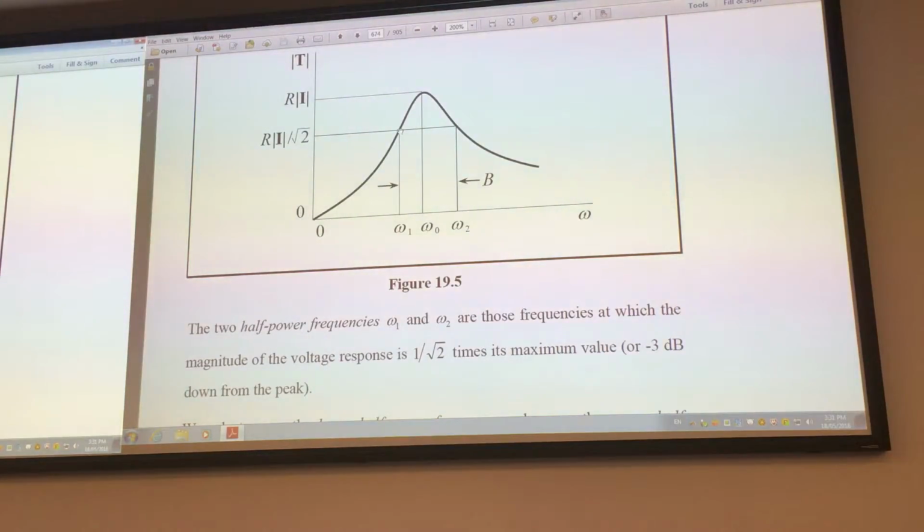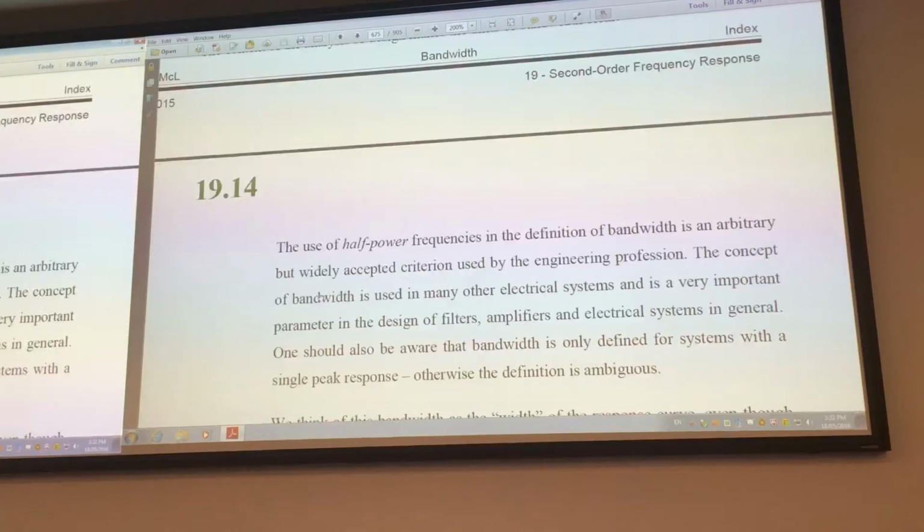That's correct, because power is actually proportional to the square of the voltage. So when you have voltage divided by square root of 2, you square it, you get power, or something proportional to power, and the square root of 2 becomes 1 over 2. So that's why half power.